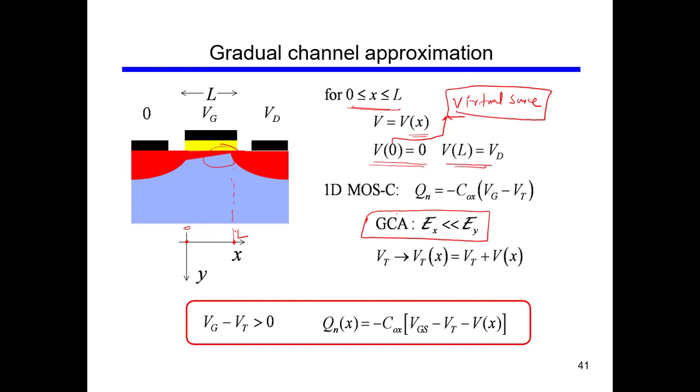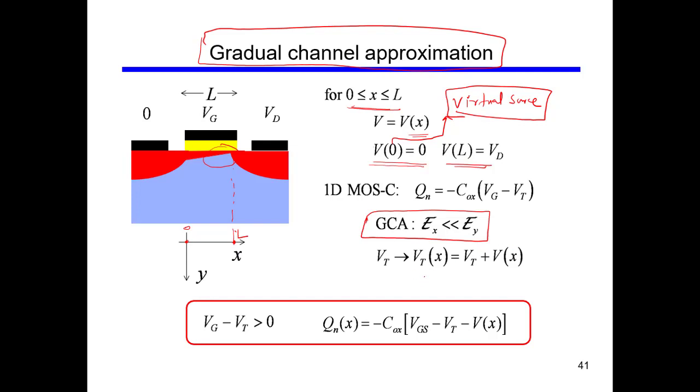considering an approximation that is called gradual channel approximation. So what is the gradual channel approximation? The gradual channel approximation is that the electric field in the horizontal direction is very small compared to the electric field in the vertical direction. So the vertical field is very strong.